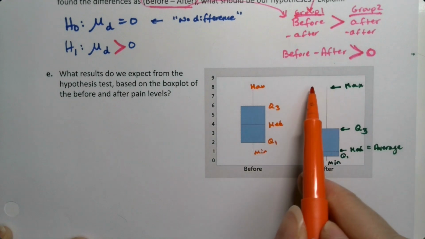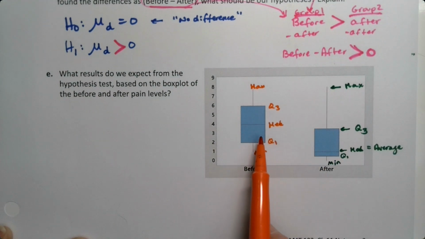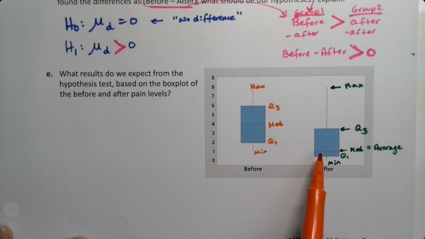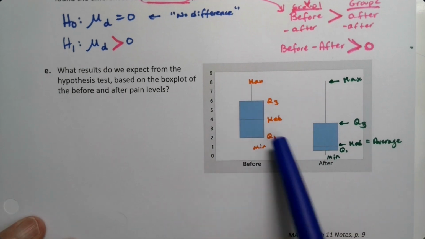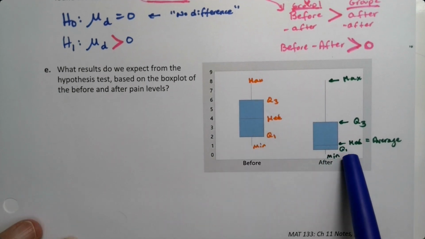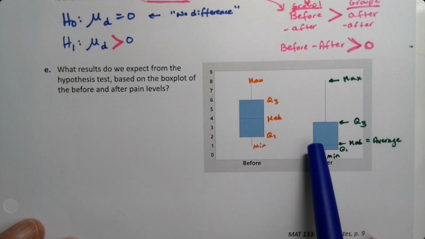So the maxes stayed the same, but the min got lower, the Q1 got lower, the median got lower, the Q3 too. So we think it's going to show reduction in pain level because all the values other than the max are reduced, are lowered from before to after.